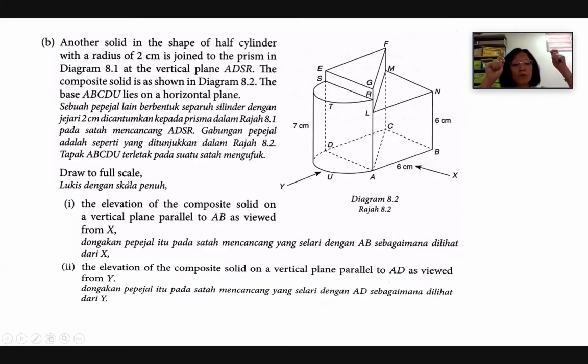You need to use your ruler and your compass to measure the exact length. Do not use a scale, 1 centimeter to represent 3 meters or whatever. Don't, unless stated. But usually, no, full scale. Exact length. Exact length.